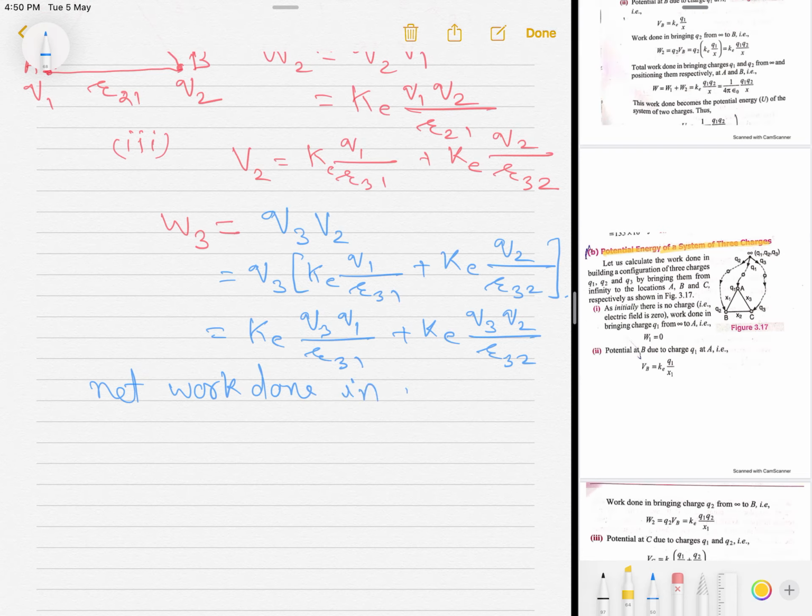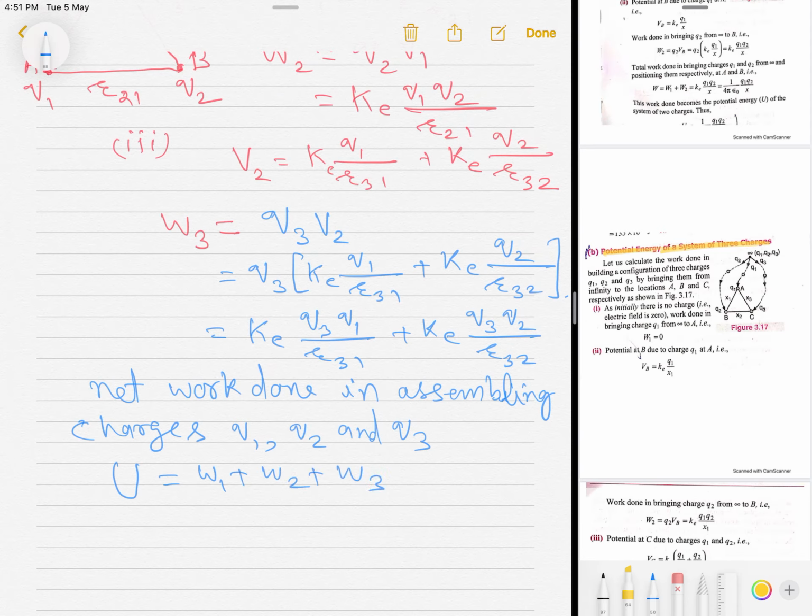Now, the total work done, the net work done in assembling charges q1, q2, q3, that is electric potential energy U, is equal to W1 plus W2 plus W3.